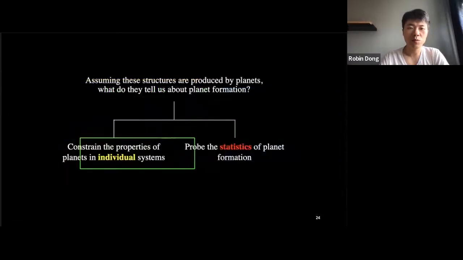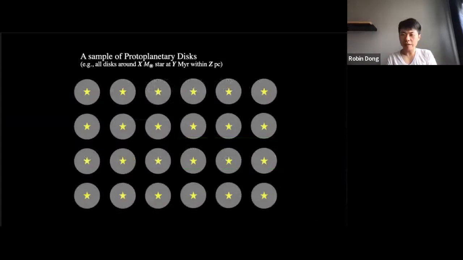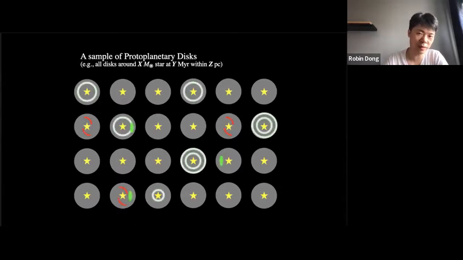All right, let's move on to talk about statistics. So here is a general idea. It's very simple. Let's say we have a sample of disks and we go out and image all of them. We may find spirals in some disks, and gaps and asymmetries perhaps in some others.